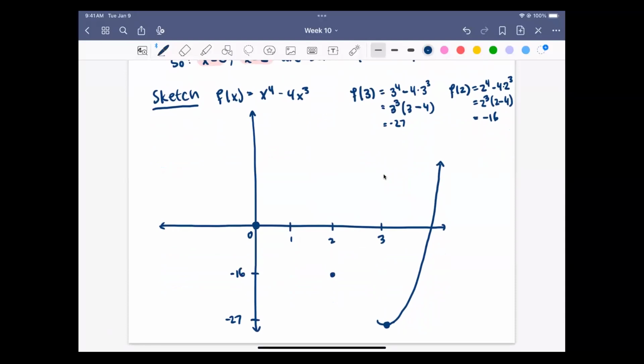Okay, so going this way now, I'm concave up until I get to x equals 2 and then concave down. So it looks something like that. Are there questions so far?